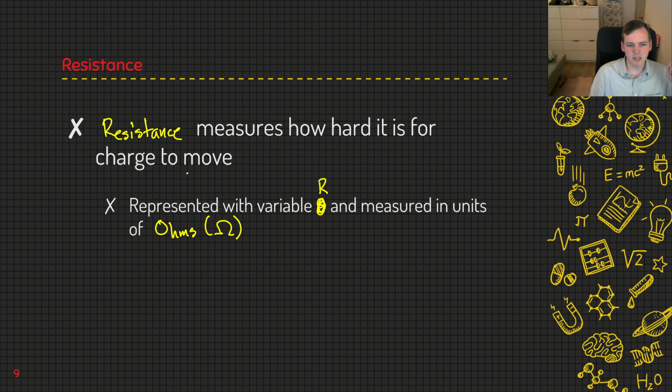So if something's not very conductive, it's going to have a high resistance. If you've got a piece of metal, that's going to have a low resistance. Again, we represent that with the variable R, and the units are ohms, which we represent with the symbol omega.